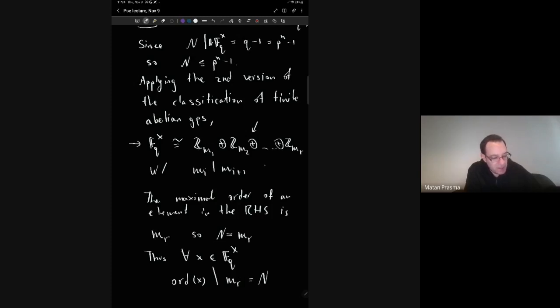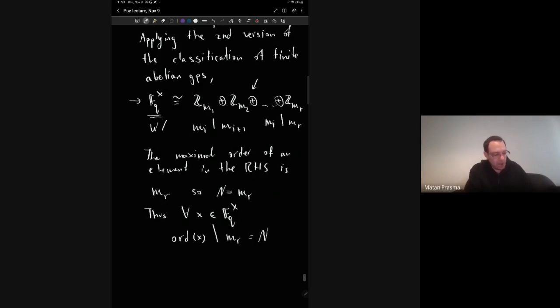Since each of the Mi divides MR, the order of every element in this sum must divide MR. So this is true also for the left-hand side. And what it means is that x to the n minus 1 is equal to 0.